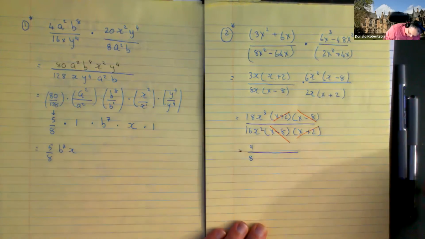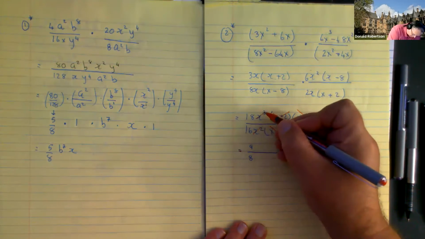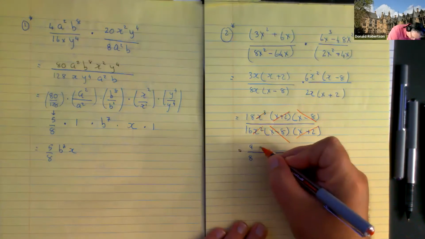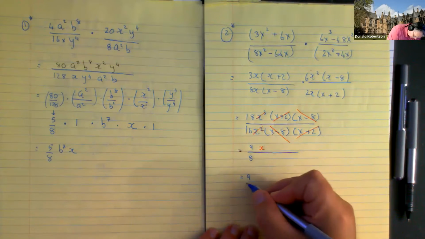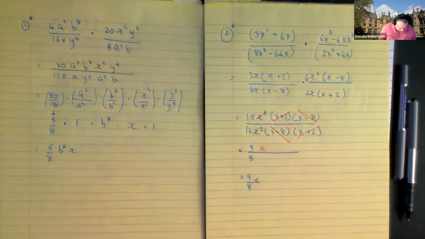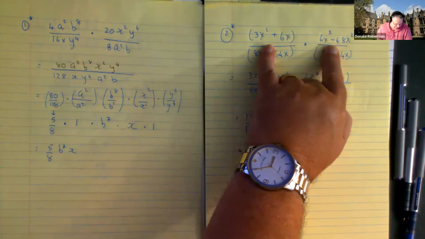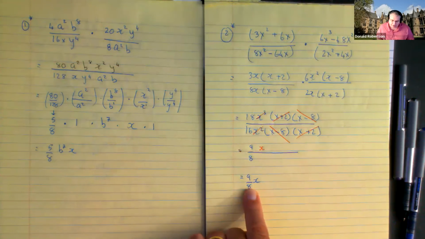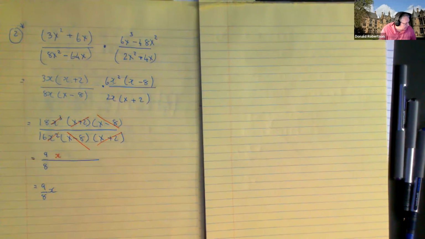X cubed and x squared also cancel, but 3 take away 2 leaves you with 1x, and that looks a bit weird, so I'll rewrite it again. How about 9/8 x? And so that calculation actually simplifies down to just that, which is kind of the benefit of being able to do this process, where you can do two things multiplied and get a very simple answer.